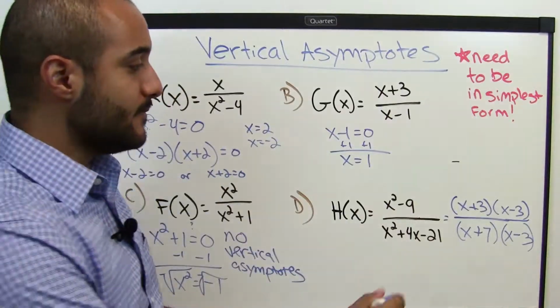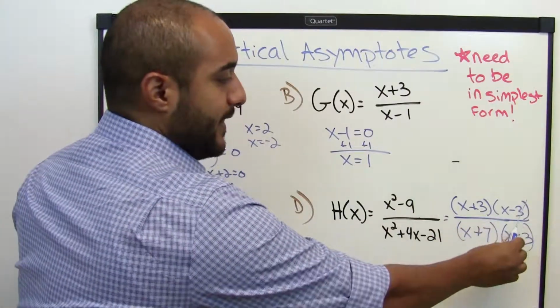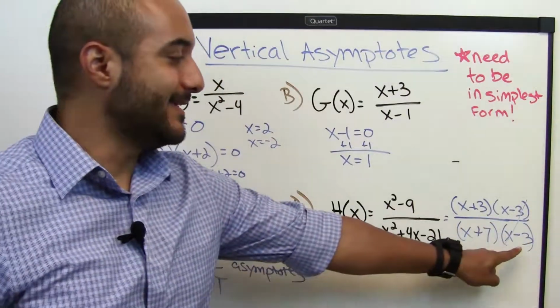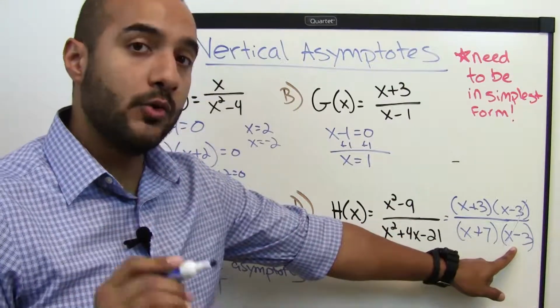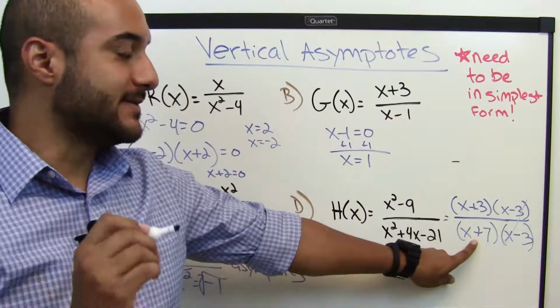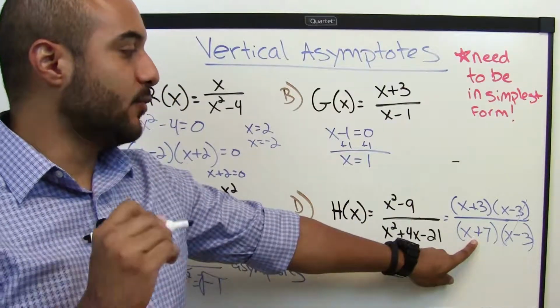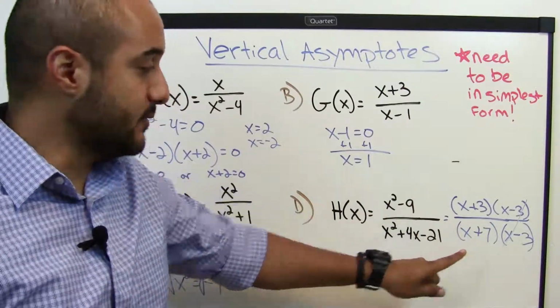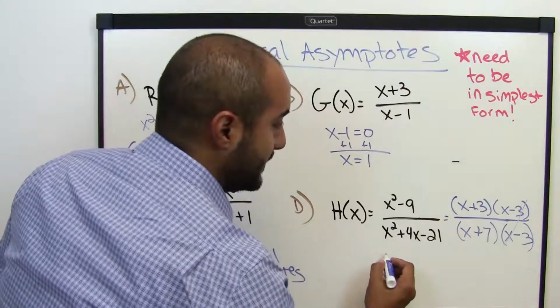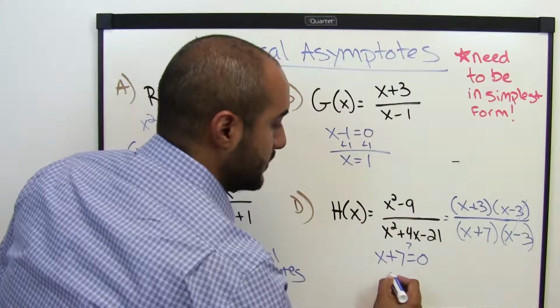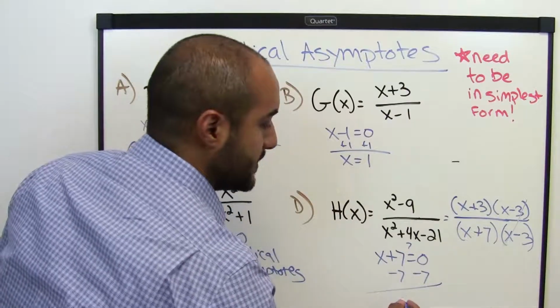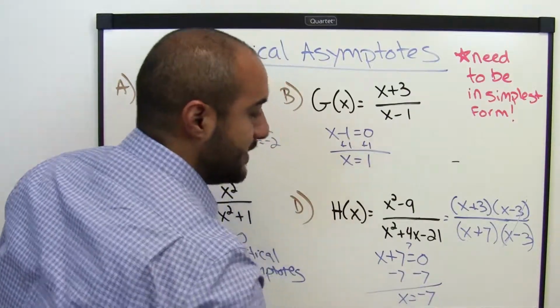Now, that lets me know that this is not going to be part of my vertical asymptote. The only one that I'm going to work with is x plus 7. I want to see when x plus 7 will be equal to 0. Subtracting 7 on both sides gives me x is equal to negative 7.